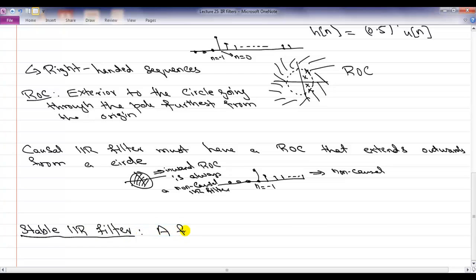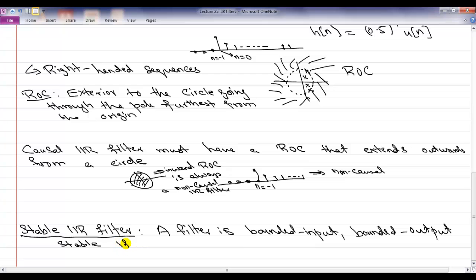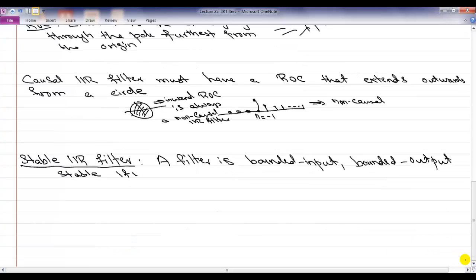So the definition is a filter is bounded input, bounded output, stable if the following holds. If my input is bounded by some number b1, the b1 could be any number.